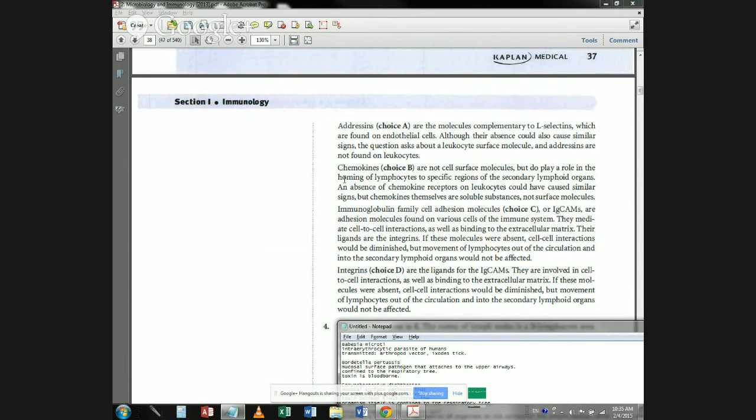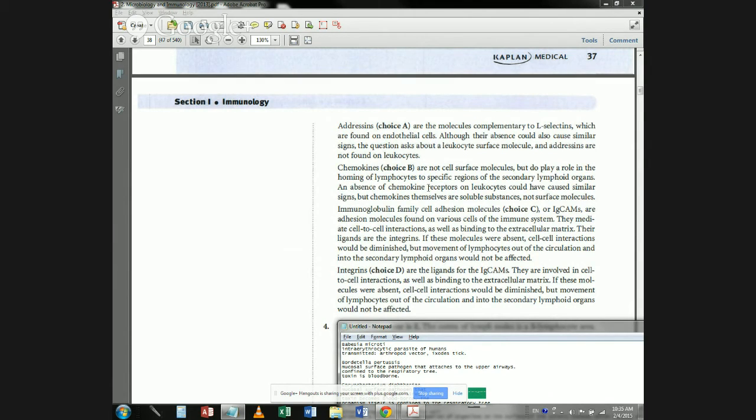Chemokines are not cell surface molecules, but do play a role in the homing of lymphocytes to specific regions of the secondary lymphoid organs. An absence of chemokine receptors on leukocytes could have caused similar signs, but chemokines themselves are soluble substances, not surface molecules.